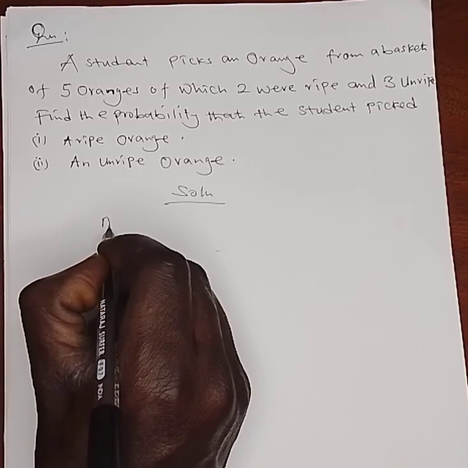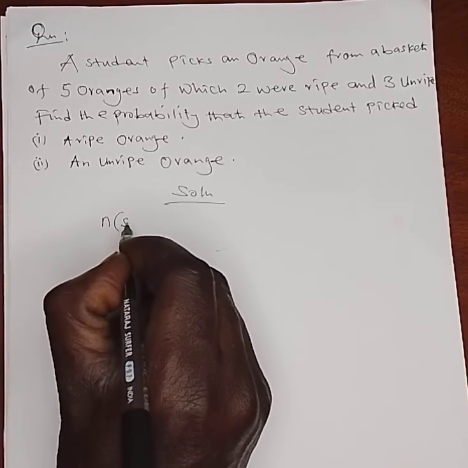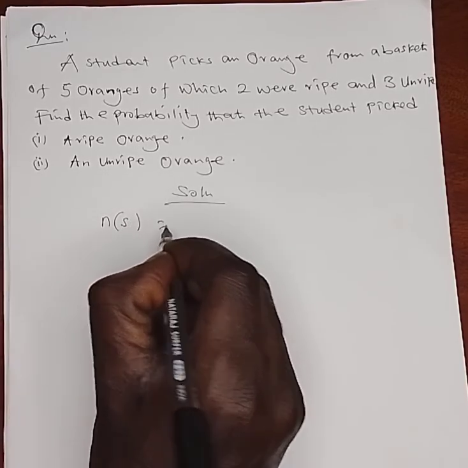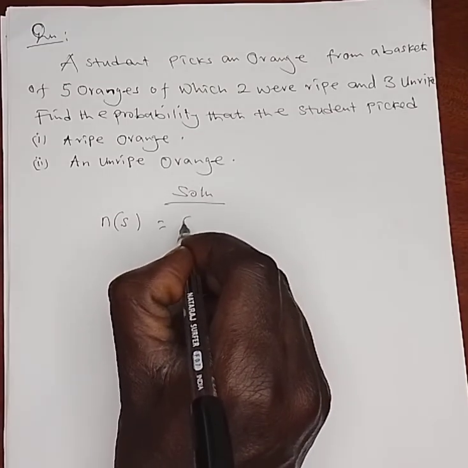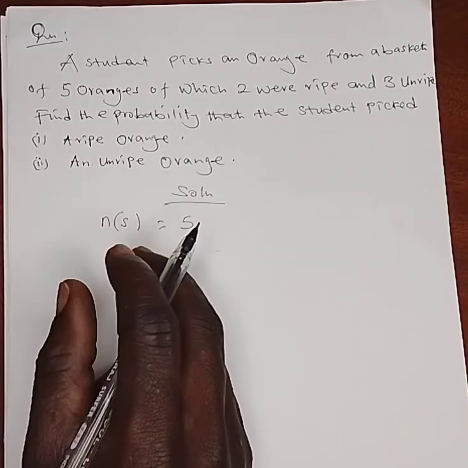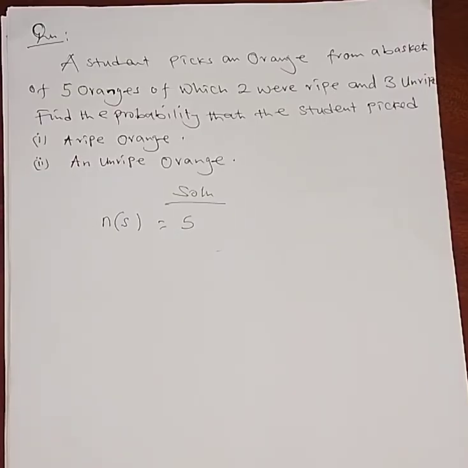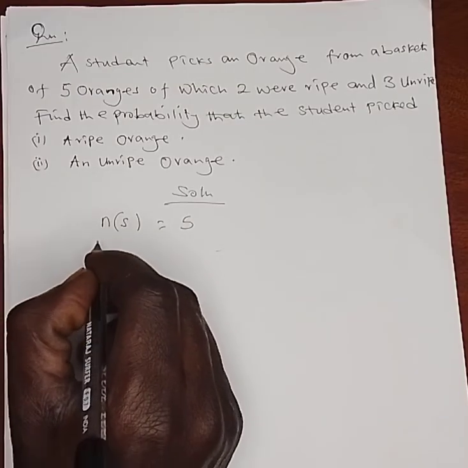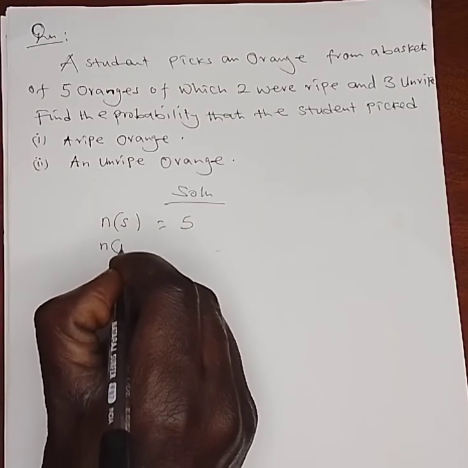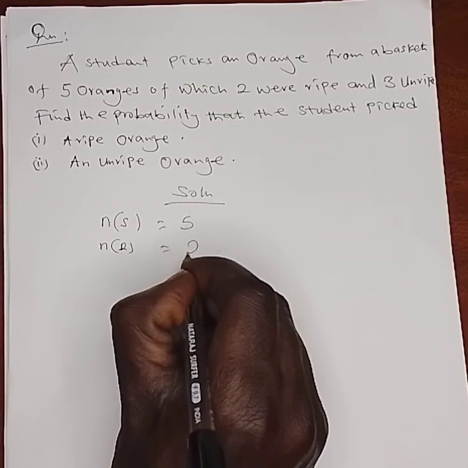So those are the total number of oranges which were in the basket. Then we have the number of ripe oranges, which we're also given to be 2.